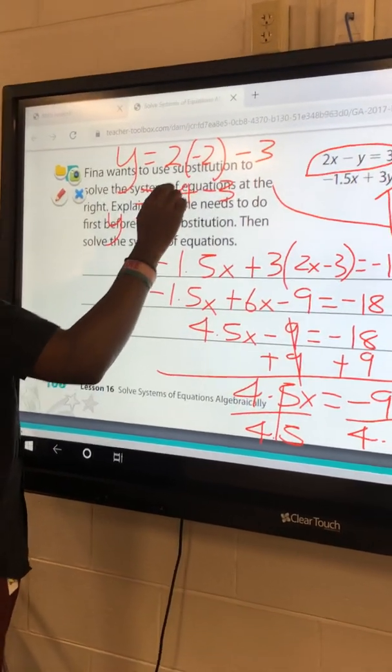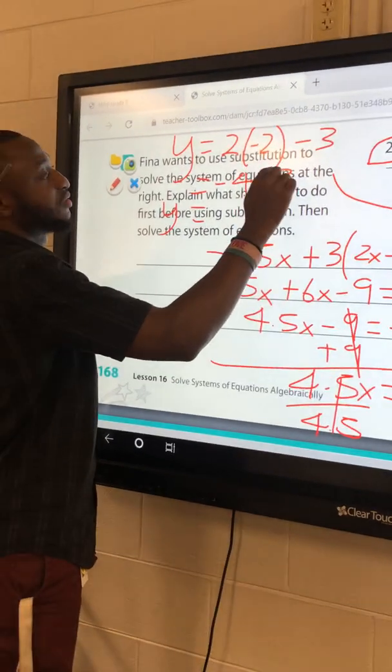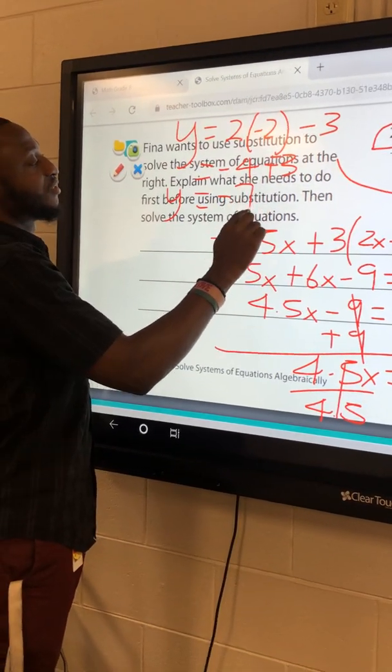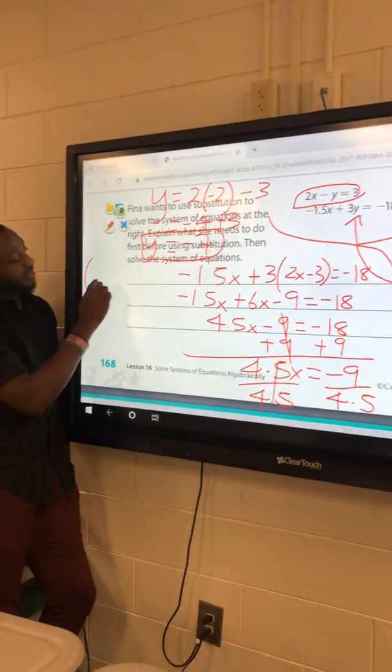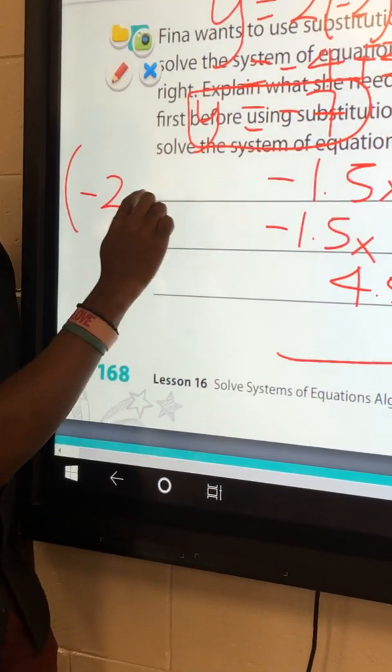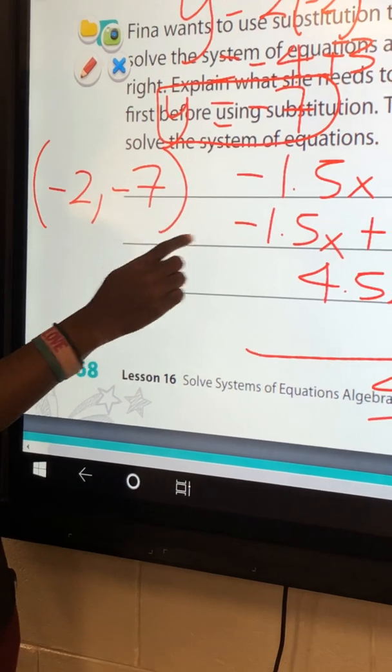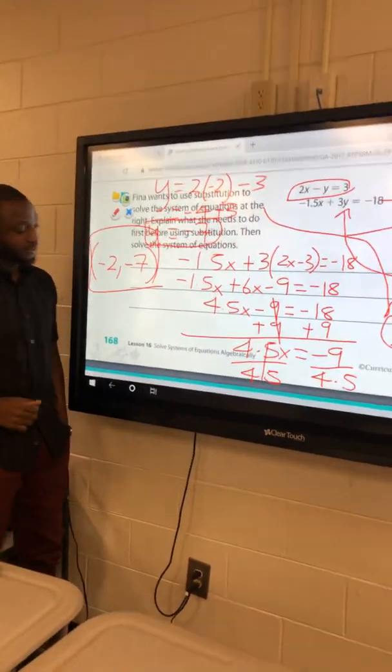Y equals, keep, flip, change, negative 7. My x is negative 2. My y is negative 7. So this is the solution. Ooh, that was long.